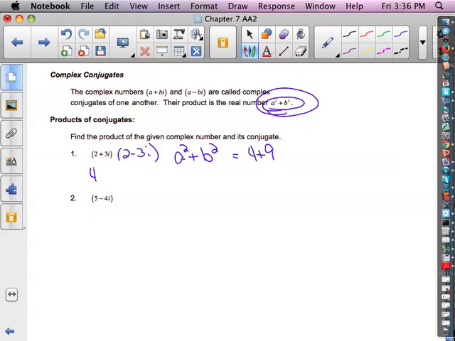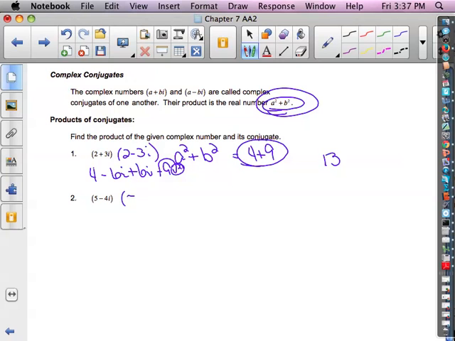So I have 4 minus 6i plus 6i minus 9i squared. That's always going to happen. You're always going to have minus a constant or a coefficient and then squared. That i squared is -1. That will always make this a positive. So you have a squared plus b squared, which in this case is 13.